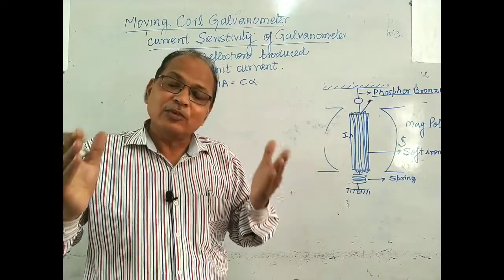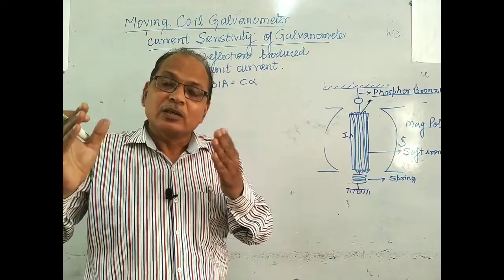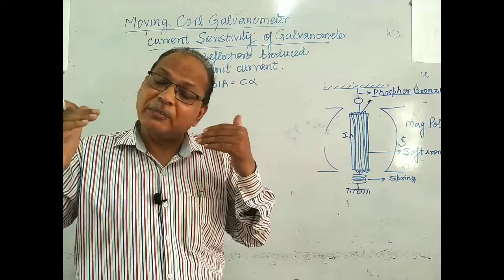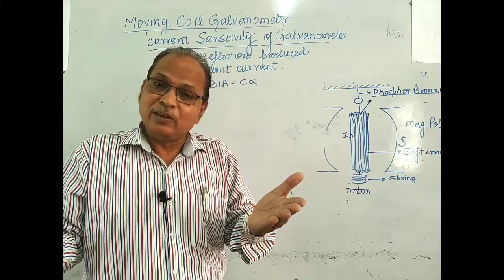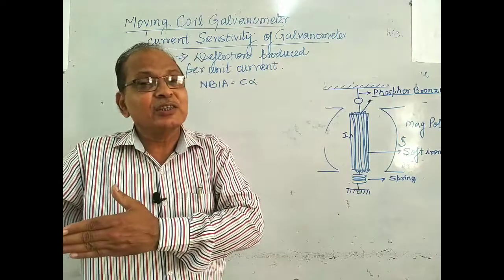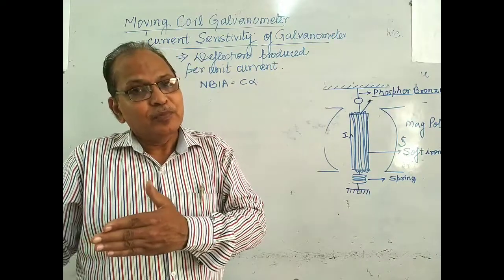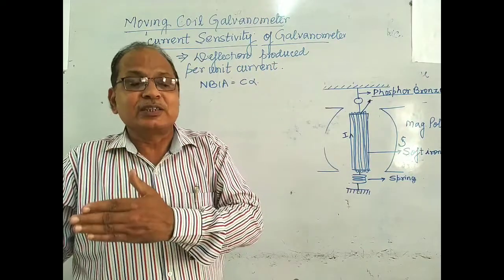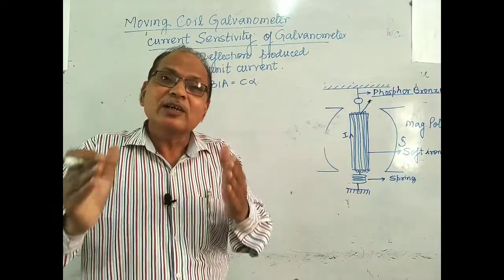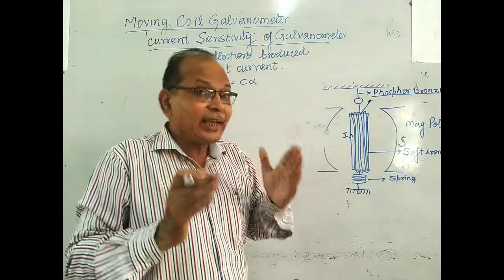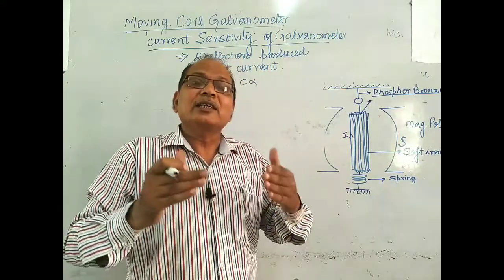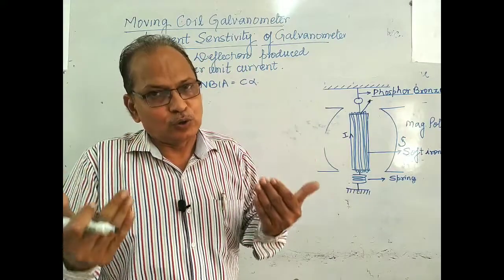Naturally, the galvanometer where the deflection is 30 degrees, because the same constant current is flowing through both, and the second galvanometer has more deflection. Therefore, the second galvanometer is more sensitive. If the angle deflected per unit current is more, then the sensitivity of the galvanometer is also more.